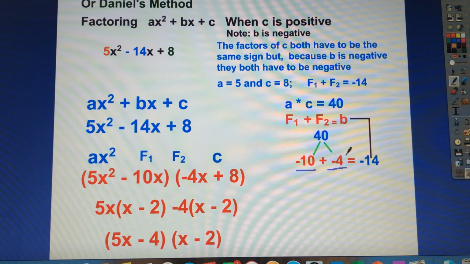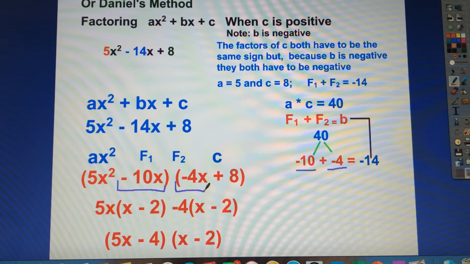It's -10 and -4. I come back. Set up your 2 parentheses. First term, A, 5x squared. Last term, your constant, plus 8. This is what you just filled in. The -10 and the -4.